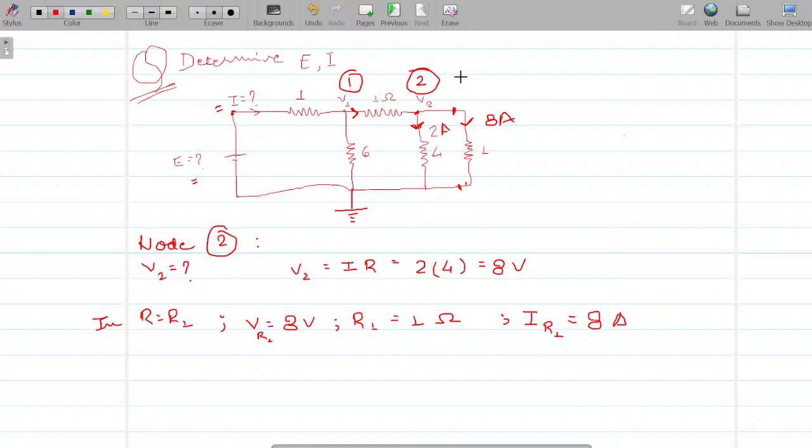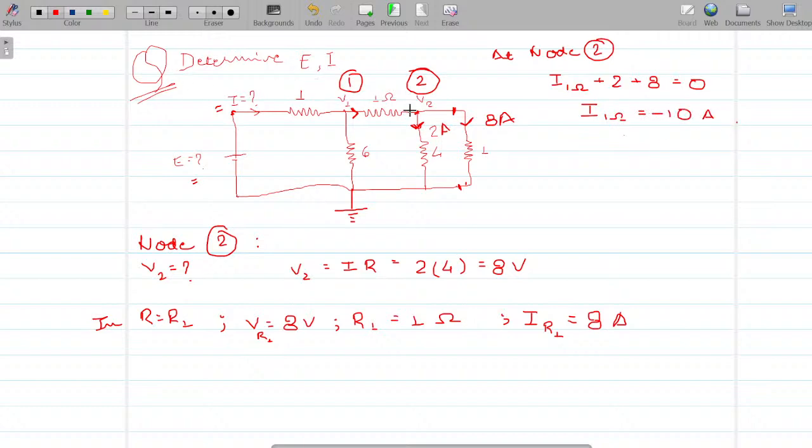Then at node 2, tell me, at node 2, the current through the 1 ohm resistor, this is the 1 ohm I'm talking about, okay? Plus 2 amperes plus 8 amperes should be equal to 0, or current through the 1 ohm resistor would be equal to minus 10 amperes, right?